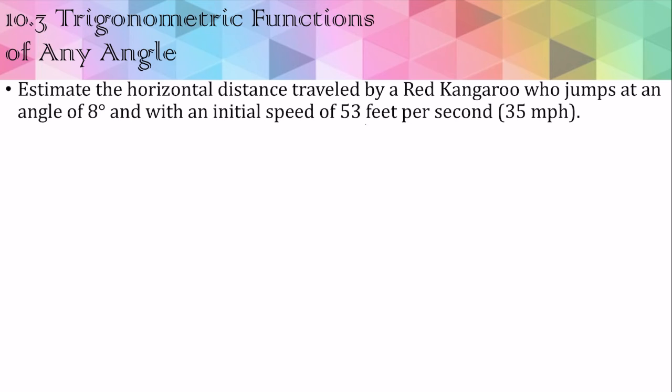When you're in feet per second, your distance is the initial speed squared over 32 times sine of 2 theta, where theta is the angle. So that's theta, and the 53 is the v. So our distance is 53 squared, and that has to be in feet per second, over 32.